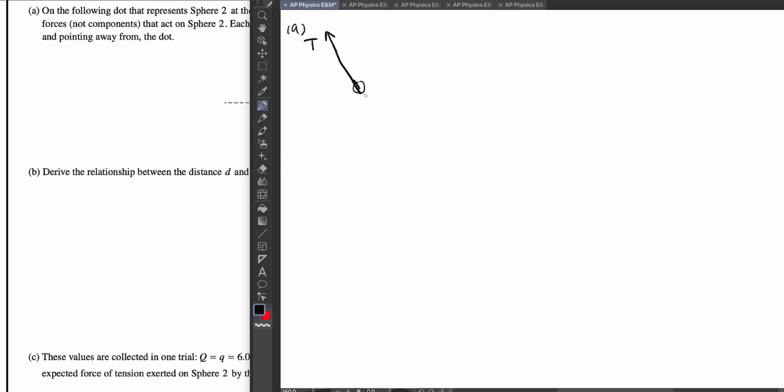Now the repulsion force is horizontal. So that's from the little charge q, and it's to the right. Now the gravity is in the vertical direction, so I'm going to draw this mg here in a vertical direction. Okay, and that's the free body diagram.